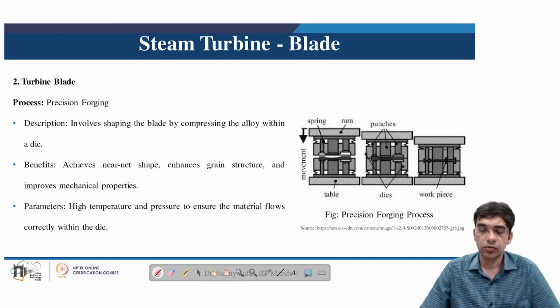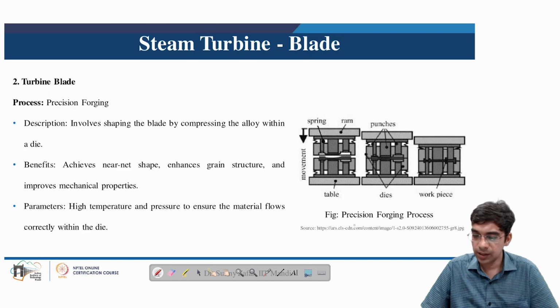This leads to overall enhancement of the mechanical properties of the component, and the process parameters include the right temperature. Often precision forging is conducted at high temperature, and proper pressure which will ensure the proper material flow within the die.